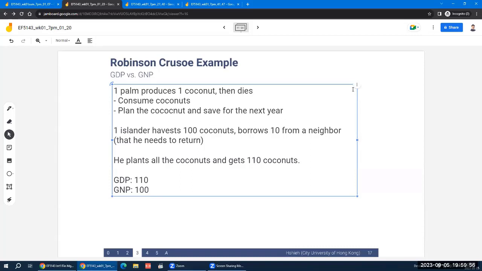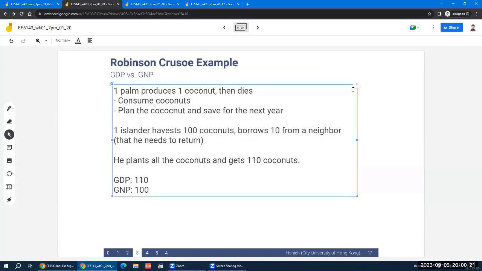That's someone else's income, not his income. So 100 should therefore be GNP. So you already got a sense that there is a financial side to FX rates somehow, and I'll show you soon.